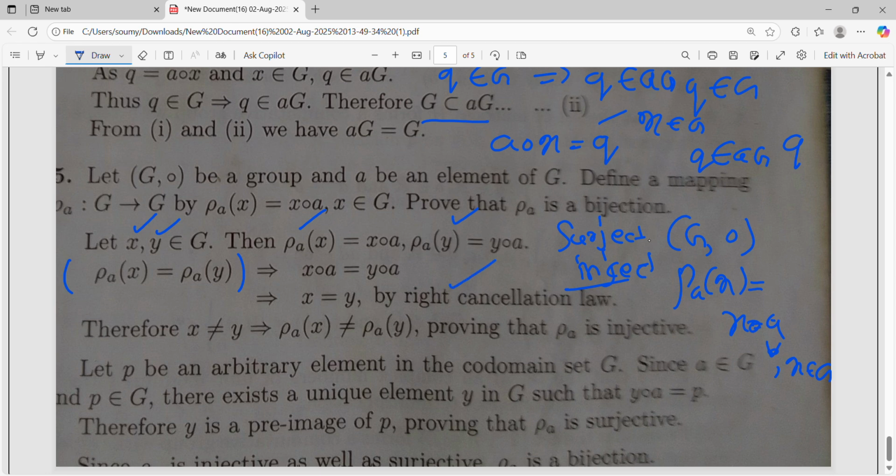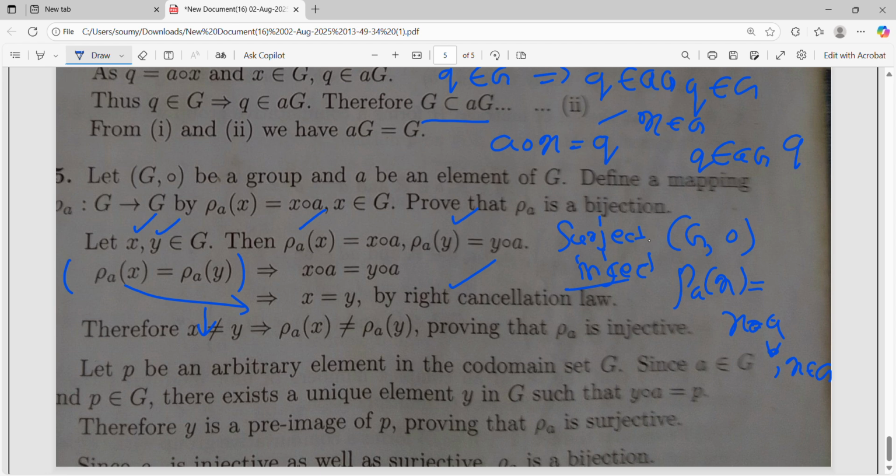Now by the right cancellation law, we are cancelling the right element a and getting x equals y. So rho a of x equals rho a of y implies x equals y. Therefore if x not equals y, the image of x under the mapping is not equal to the image of y. So we can say that this mapping is injective.